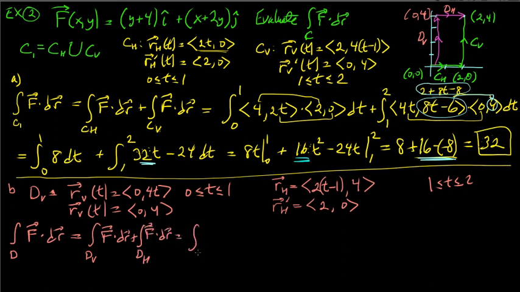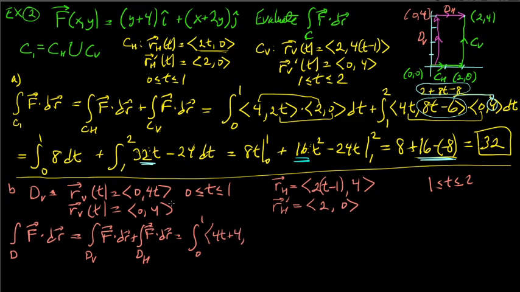Right, so the first integral will be from t equals 0 to t equals 1. And let's see, the vector field is y plus 4 for the x component. So y plus 4 here will be 4t plus 4. Right? And that's the vertical component, right?